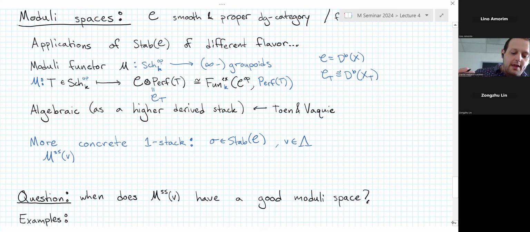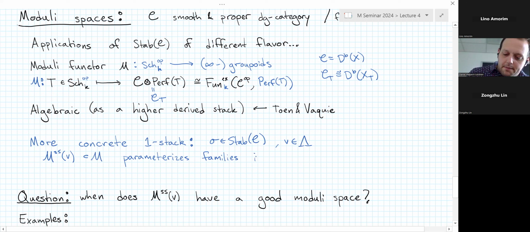But there's a more concrete thing, which is I can take the substack which parameterizes families of semistable objects in the heart of C of class v.